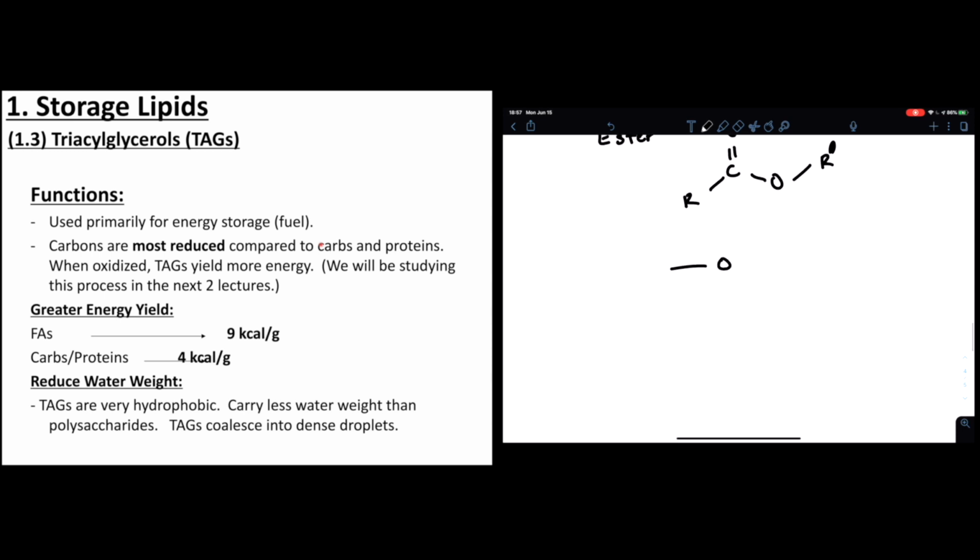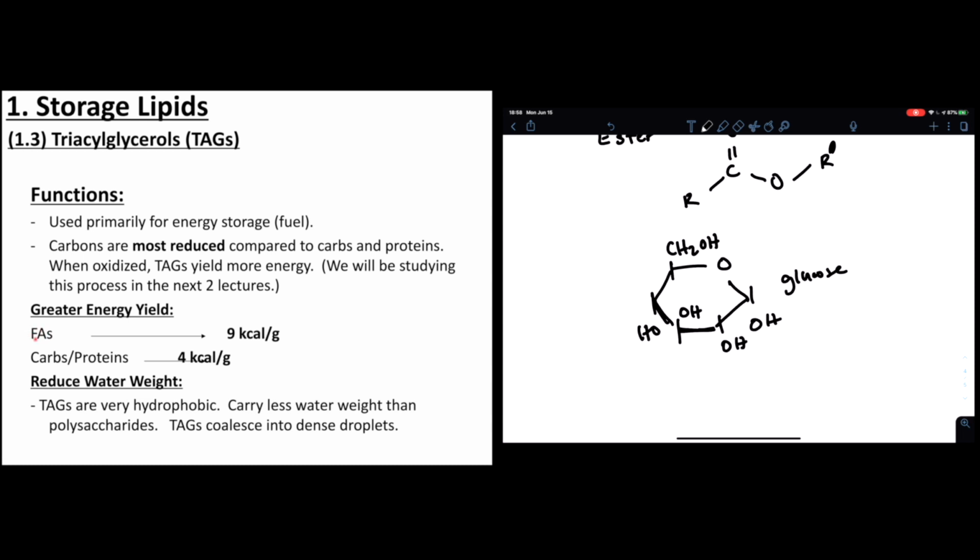Let's just draw glucose for fun. Okay, so this is glucose, and you can see there's a lot more bonds to oxygen over there, making it more oxidized. So we're going to get a lot more energy out of TAGs compared to carbohydrates or proteins.